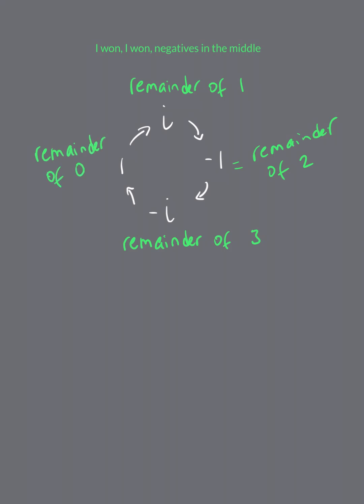So let's look at an example. If we needed to simplify i to the 50th power, then we would divide 50 by 4 and see what our remainder is. So we'll use long division here. 4 goes into 5 one time, subtract, bring down the 0, 4 goes into 10 twice, and we have a remainder of 2.